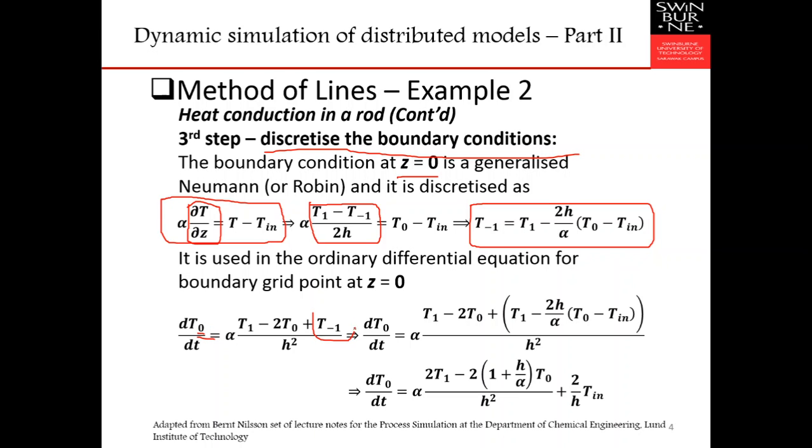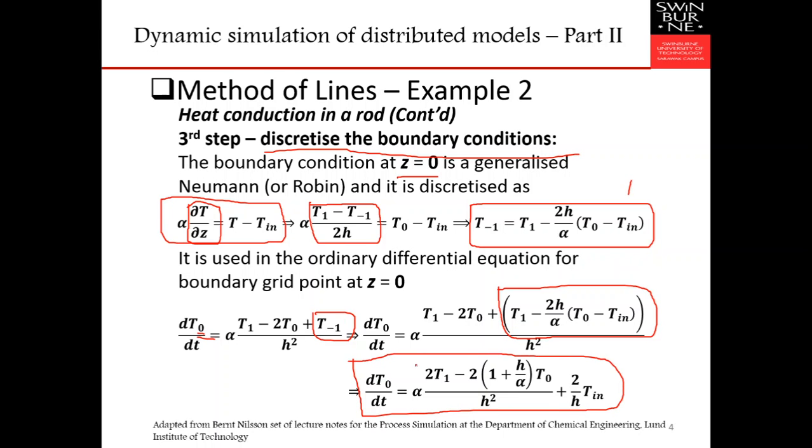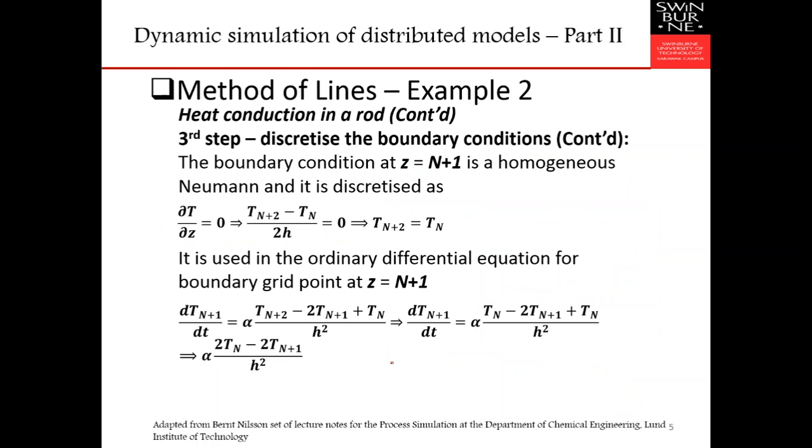So this T minus 1 in here, we substitute this term in here. That comes from this term in here. Then we can get the final equation for the ordinary differential equation at i equals 0.